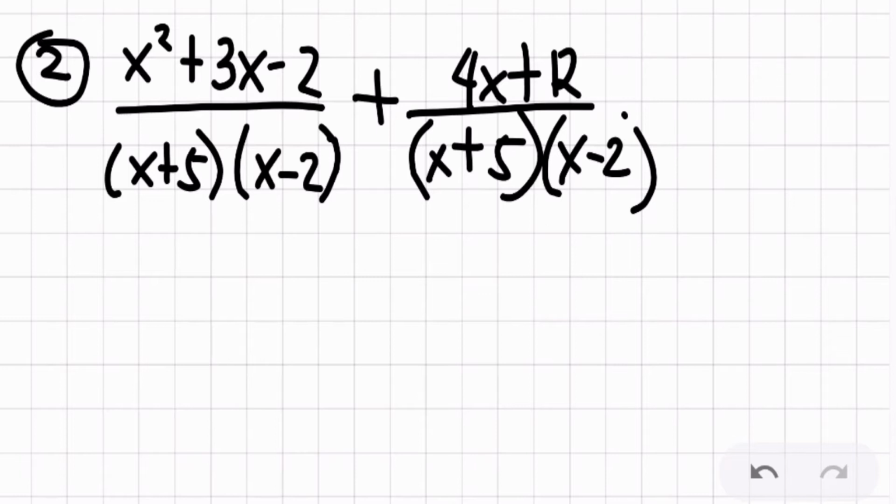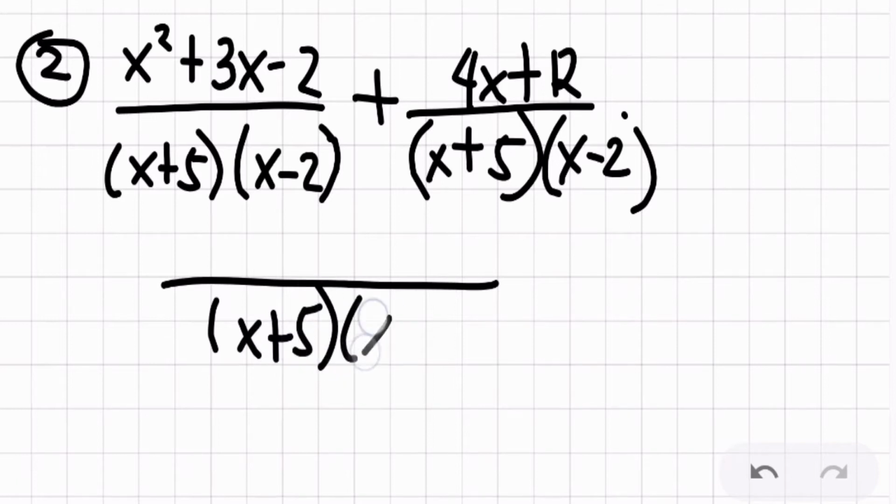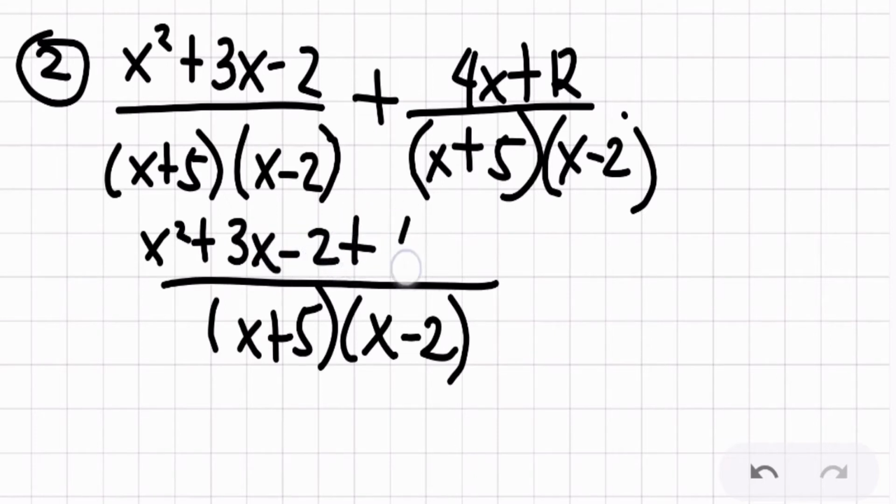Now let us copy the common denominator, which is x plus 5 times x minus 2, and then combine or add the two numerators. So we will have x squared plus 3x minus 2 plus 4x plus 12.